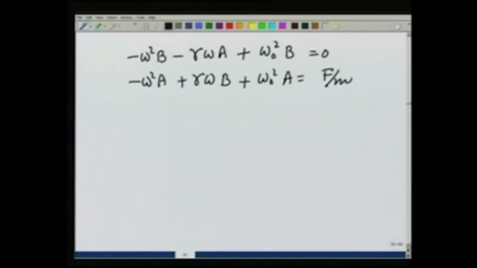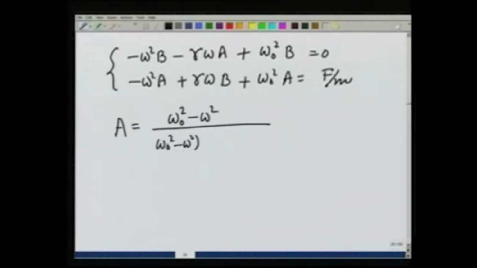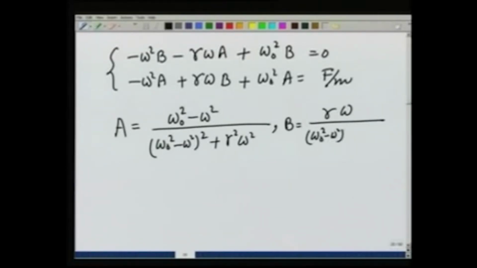When you solve these two equations, and I leave it for you as an exercise, you are going to get a is equal to omega naught square minus omega square over omega naught square minus omega square whole squared plus gamma square omega square, and b is equal to gamma omega over omega naught square minus omega square whole squared plus gamma square omega square.